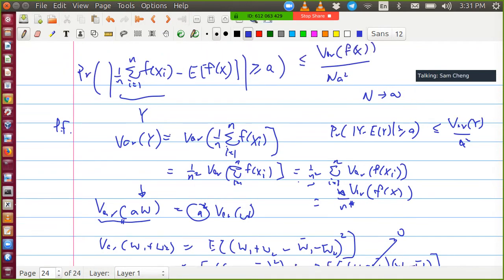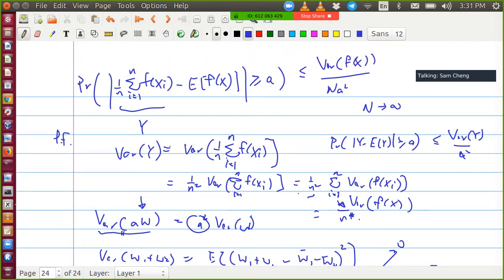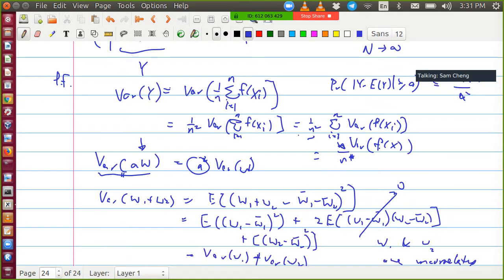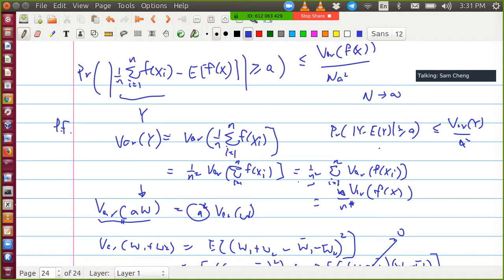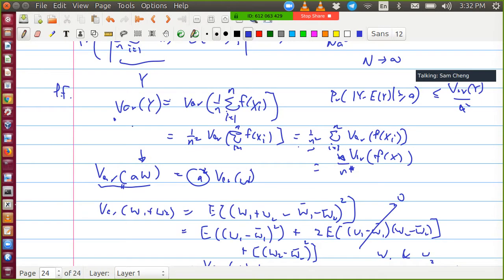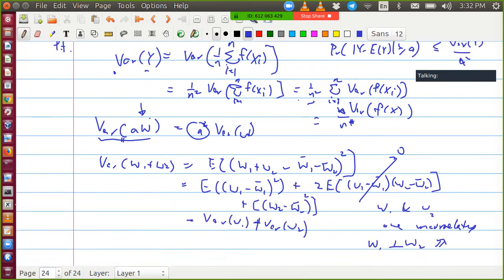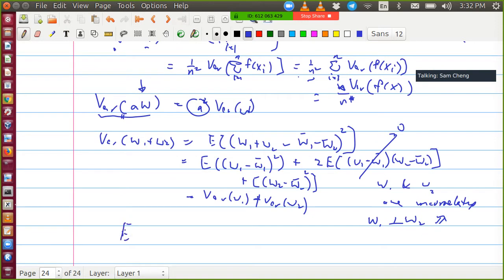And then we just use the Chebyshev inequality here. So what is the expected value of this y here? Expected value of 1 over n sum over f(xi), i equal 1 to n.